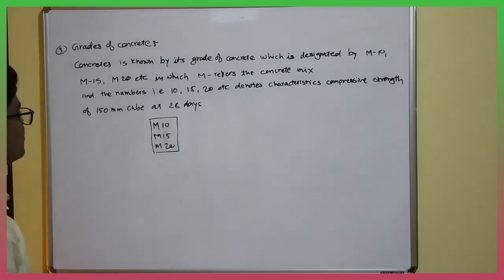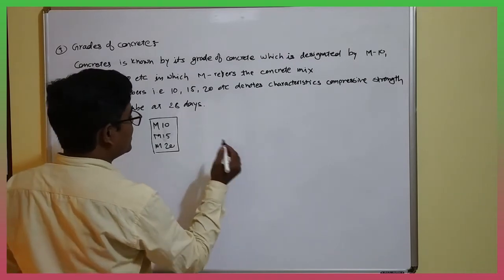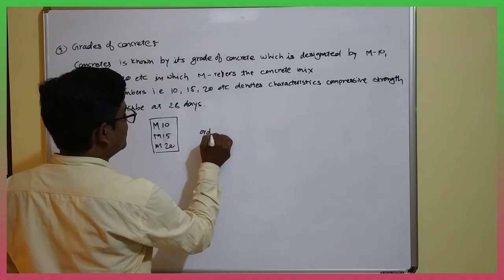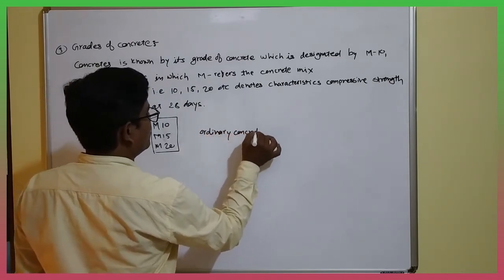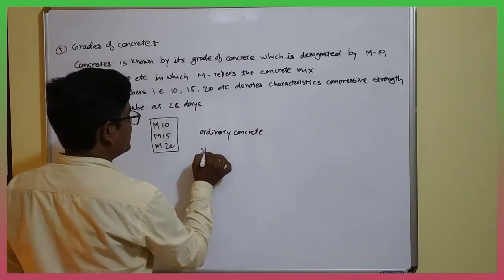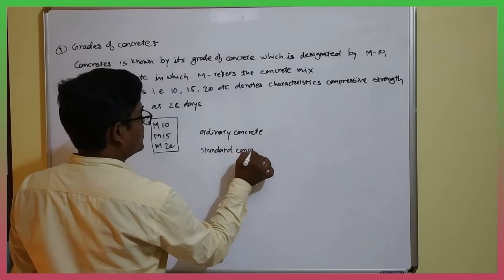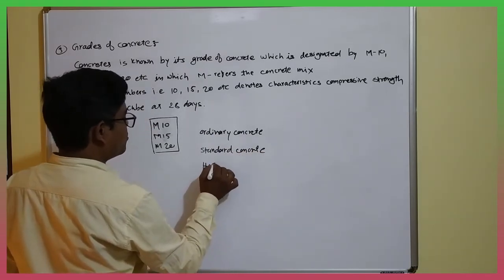So as per IS 456, the concrete is categorized into three types, that is ordinary concrete, standard concrete, and high strength concrete.